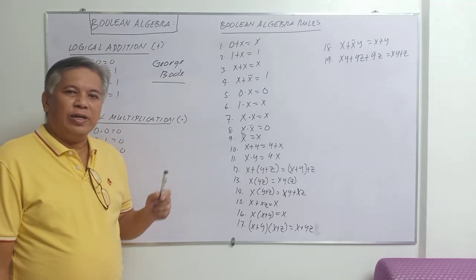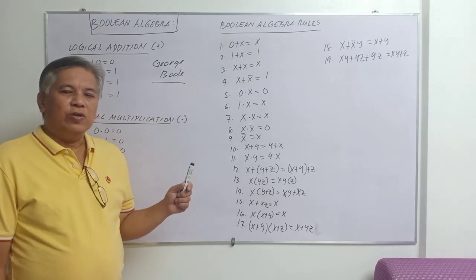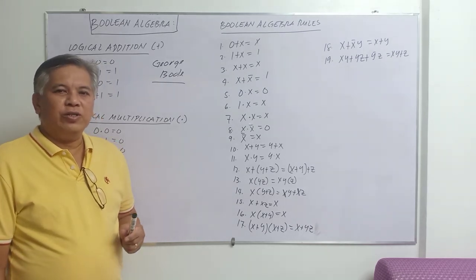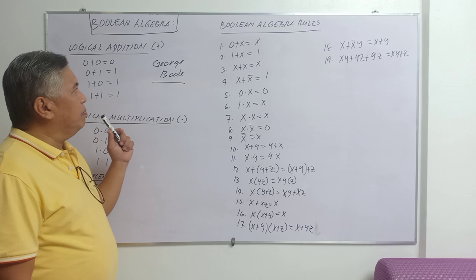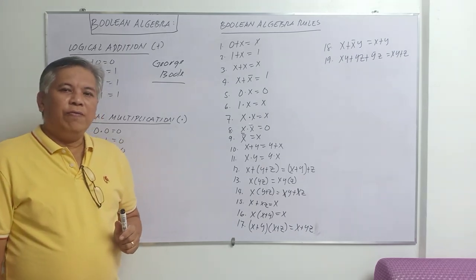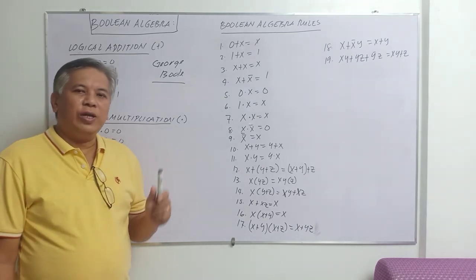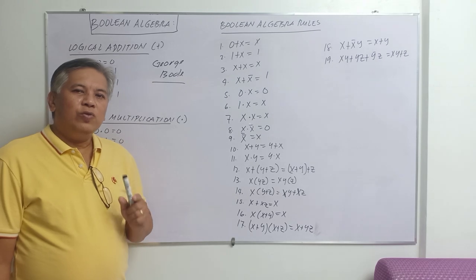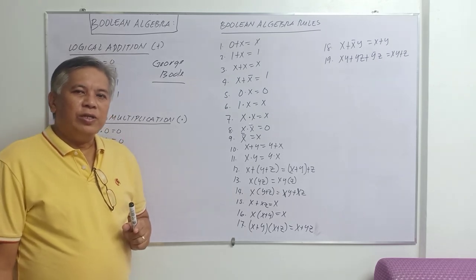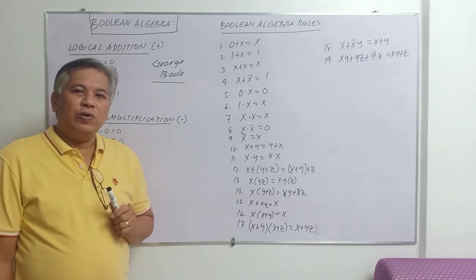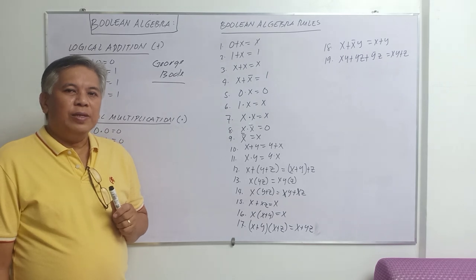Say X is equal to 100 or 200, Y is equal to 500, and so on. Whereas in Boolean algebra, the variables from A to Z will have only two values. It is either 0 or 1.